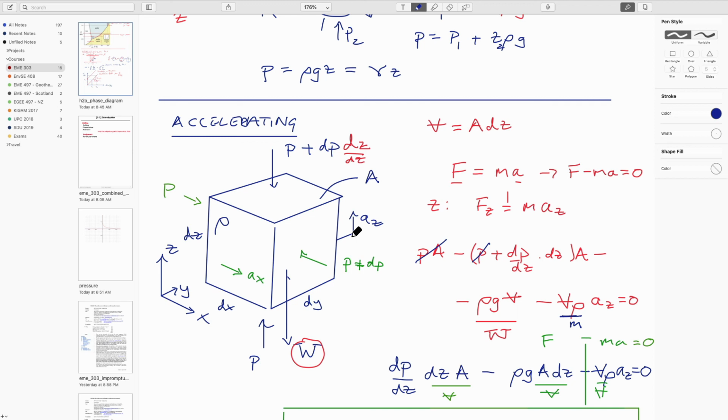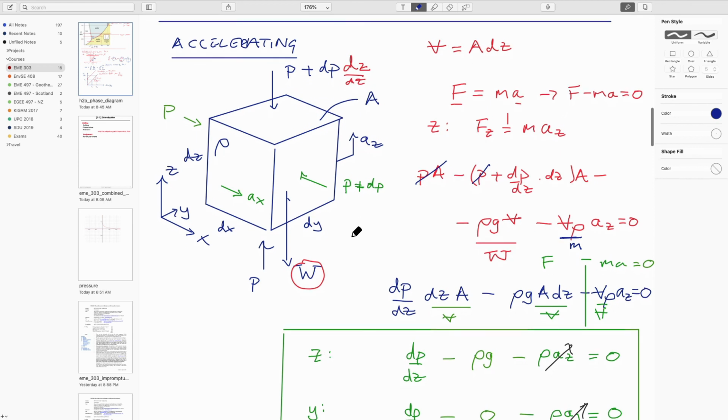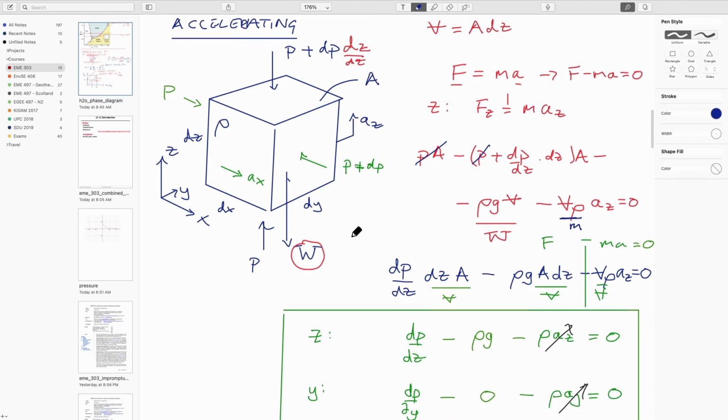Okay, so when you switch to the blue ink, where does the W go? What W? Oh, this one? Yeah. This term here is this term here. This term here should be this term here.